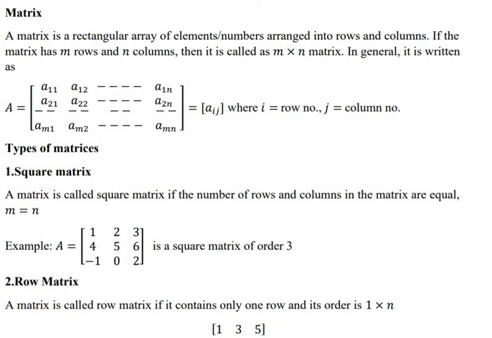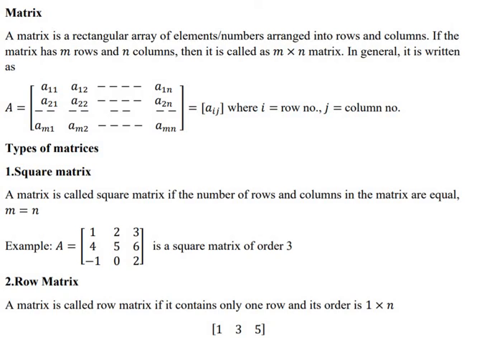A matrix is a rectangular array of elements or numbers arranged into rows and columns. If the matrix has m rows and n columns, then it is called an m by n matrix.